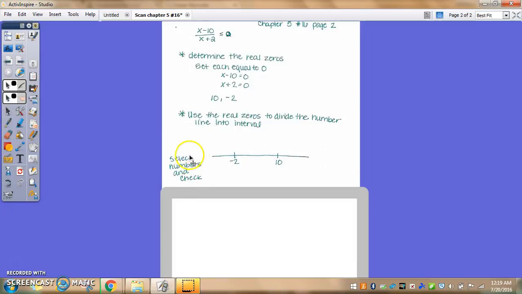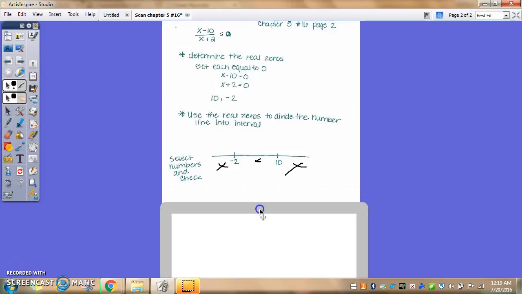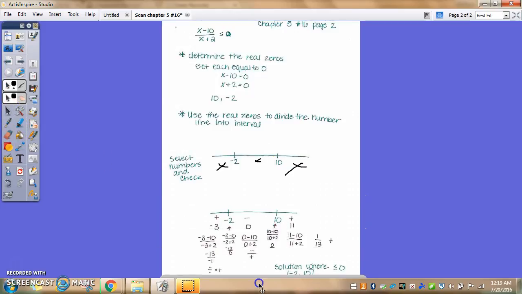Then we're going to select some numbers and check. Remember, we want to select a number over in this part, so less than negative 2, a number in between these, and then a number that's larger than 10. So I selected negative 3. I substituted in negative 3.